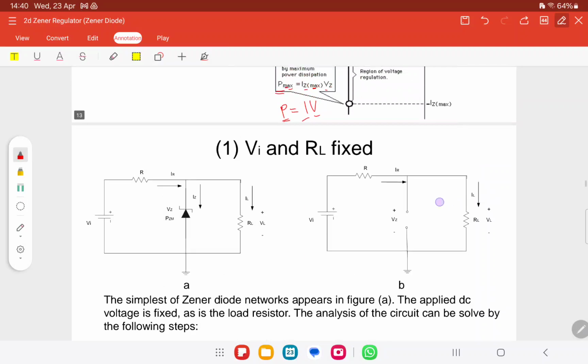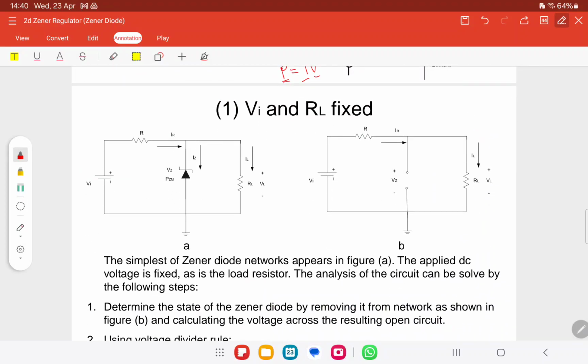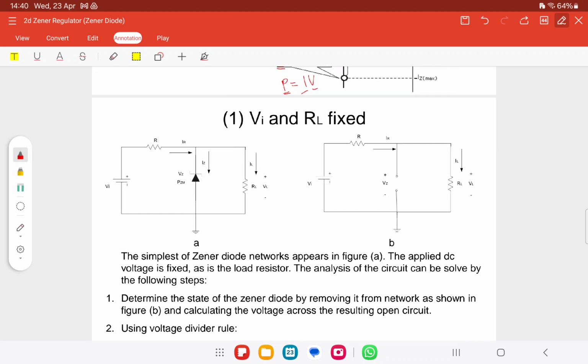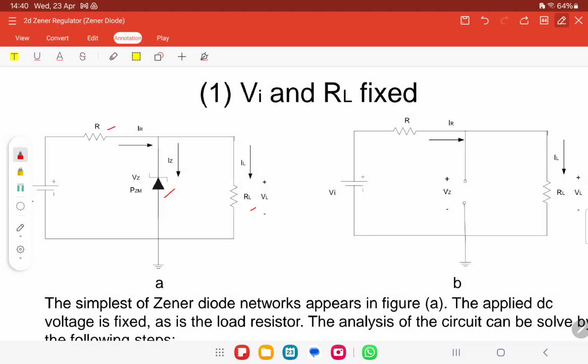Alright, so we go for the first condition, where both are fixed. This one is a bit simple. We have one supply, one resistor, one diode and a load resistor.